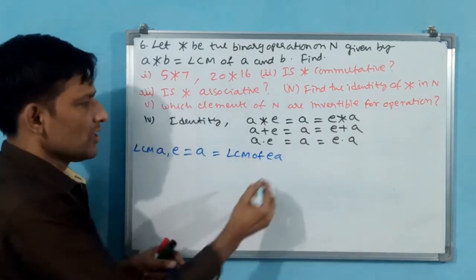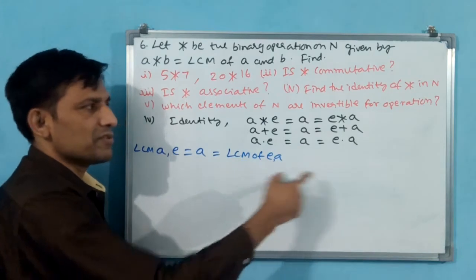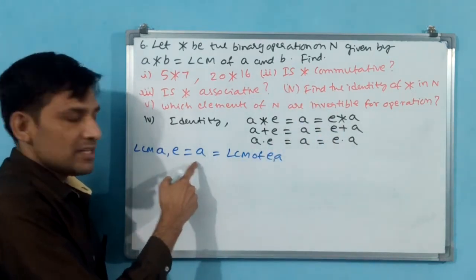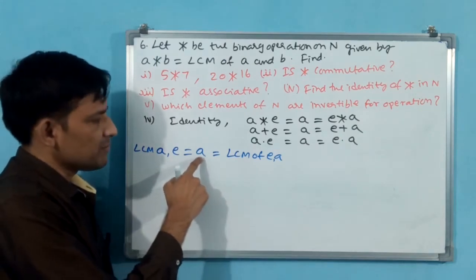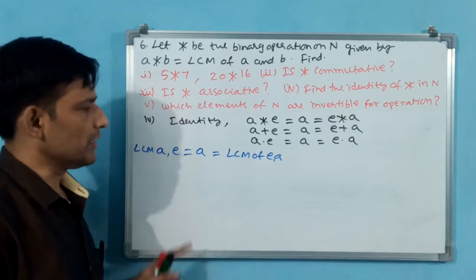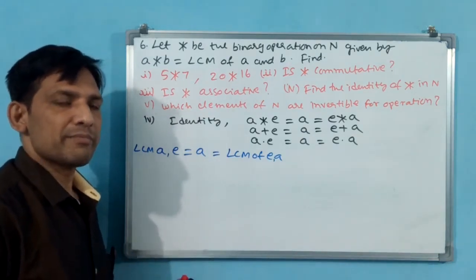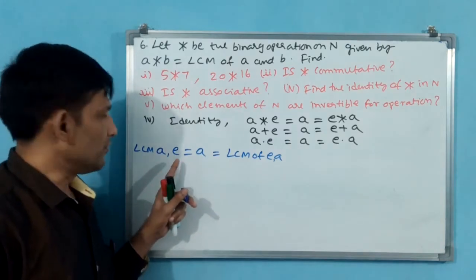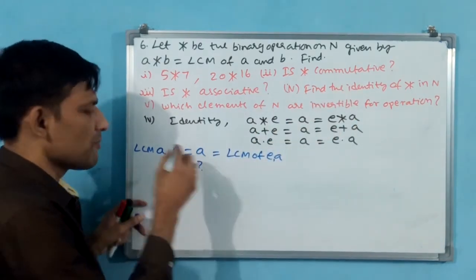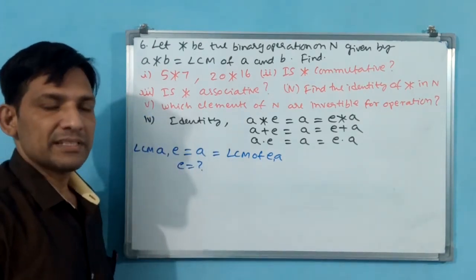See here, you need not worry about AE, EA. We have already shown commutative. But you should see what number gives LCM of A. Which number do you give? Normally you think any number. If you give E, here identity is asked, which means E is asked. E is equal to how much? Which number can you give for the same LCM to come?